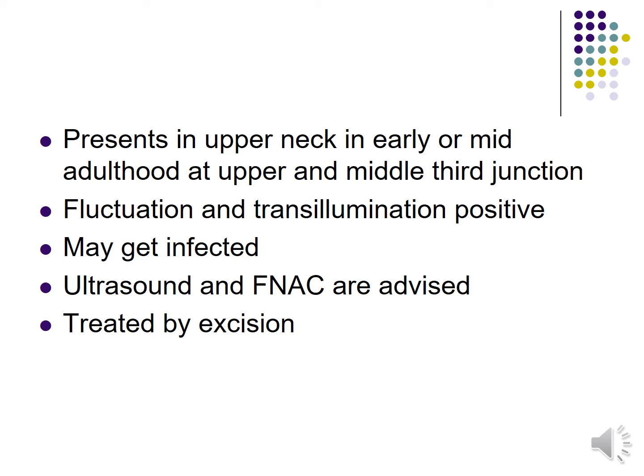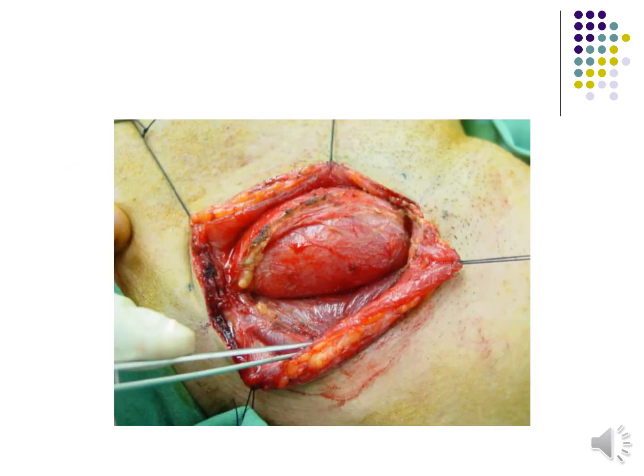The fluctuation and transillumination test is positive, may get infected, and is diagnosed on fine needle aspiration biopsy or ultrasonography. Treatment is by excision of the branchial cyst. This is an operative picture of an excision of a branchial cyst.